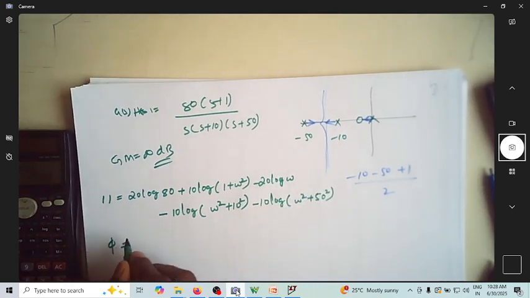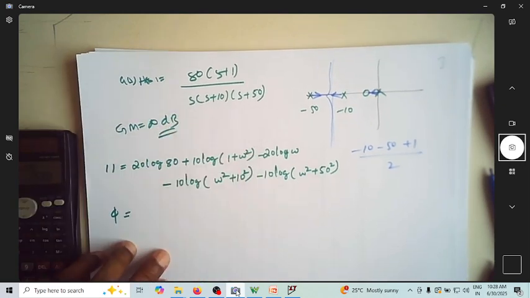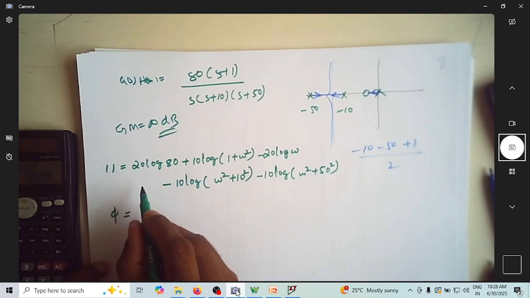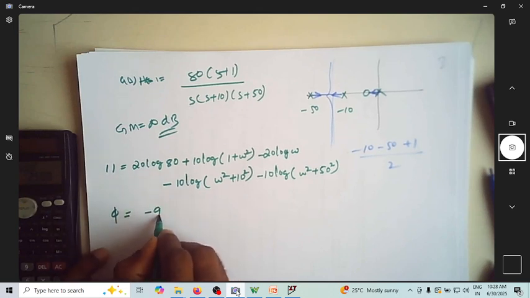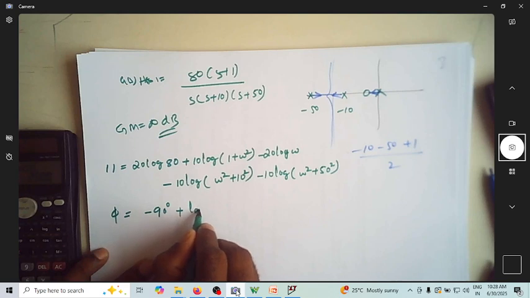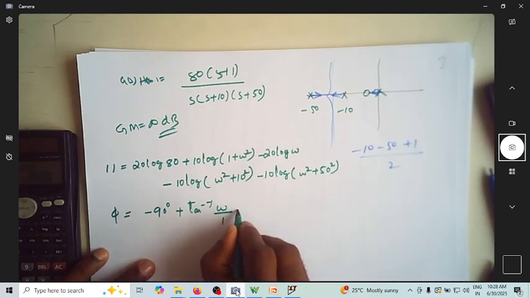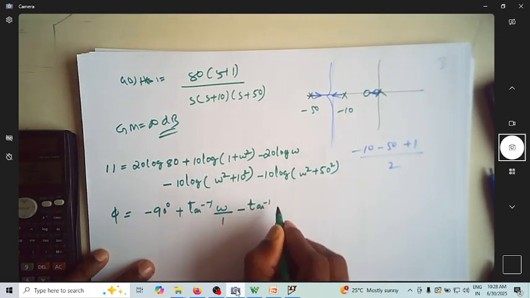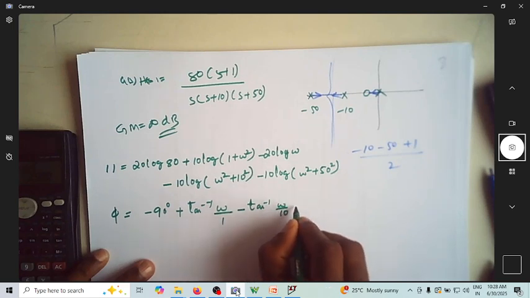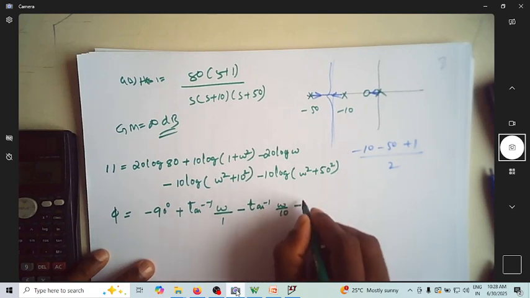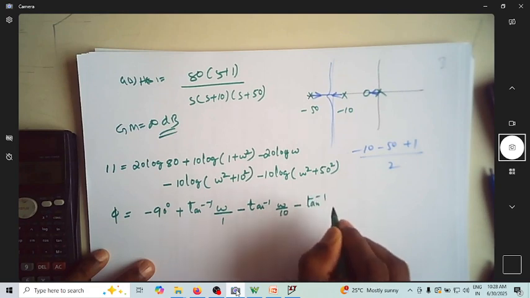I will not write the magnitude equation, that is in dBs. So what is the phase angle? Phase angle is minus 90 degree plus tan inverse of omega by 1, minus tan inverse of omega by 10, minus tan inverse of omega by 50.